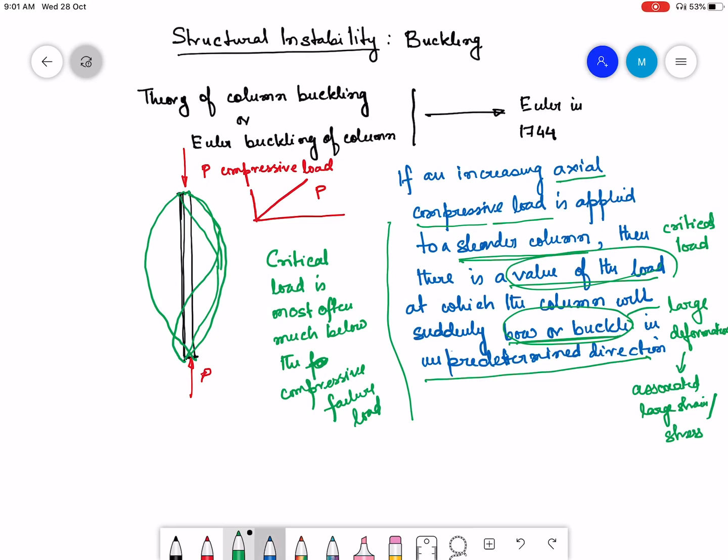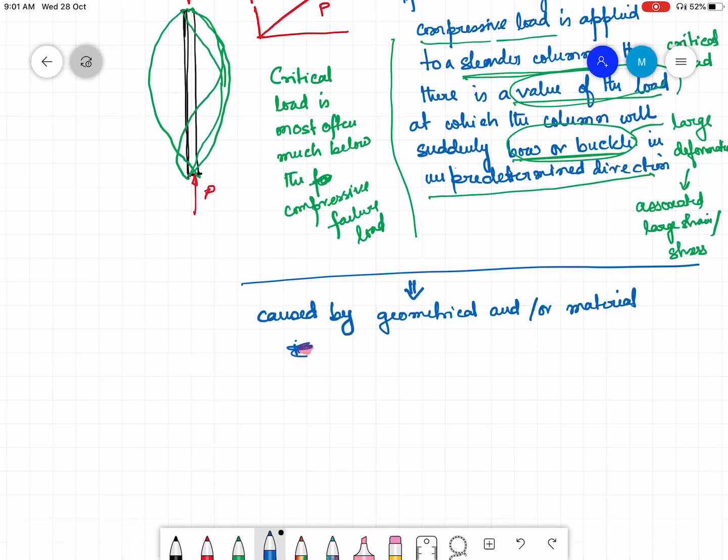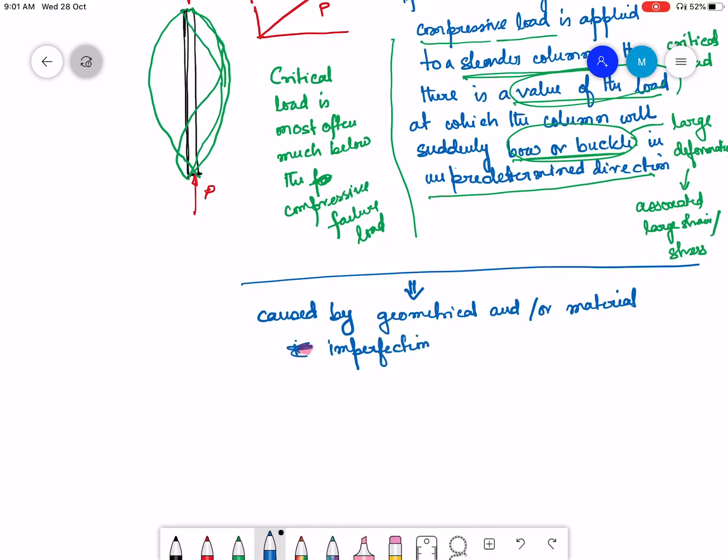So when does this buckling happen? Buckling is usually caused by geometrical and/or material imperfection of the column, and/or imperfection or asymmetry of its load.